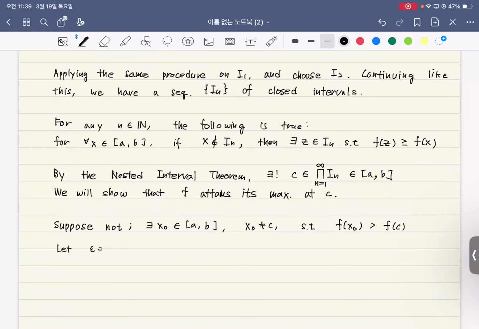We let epsilon be f of x0 minus f of C over 2. This is still a positive number.